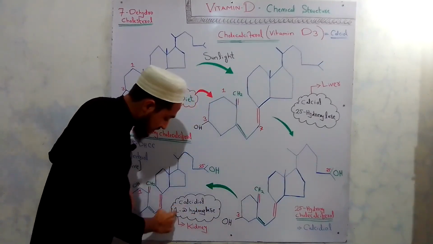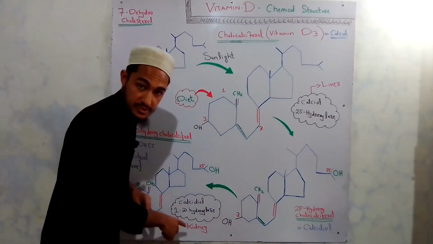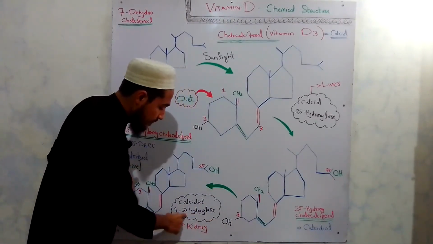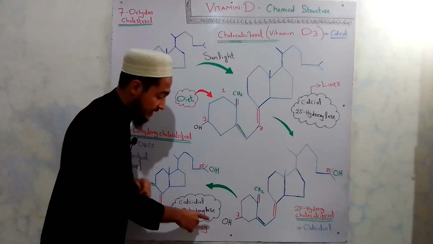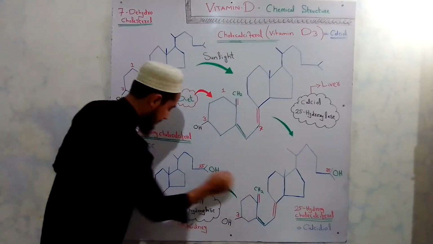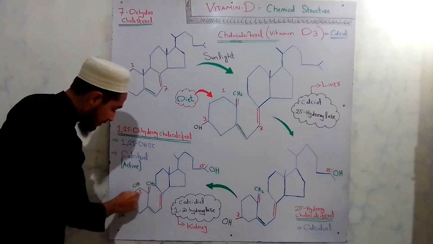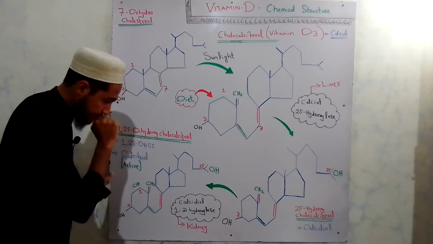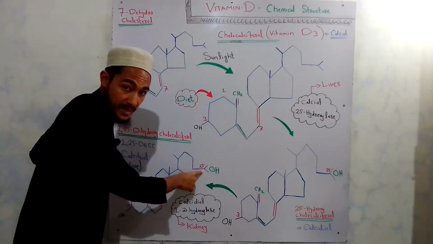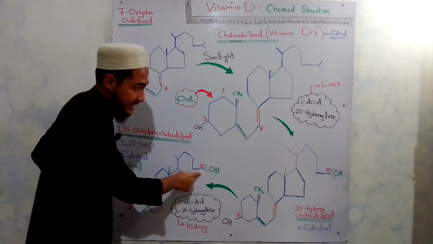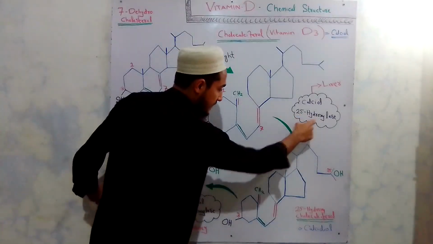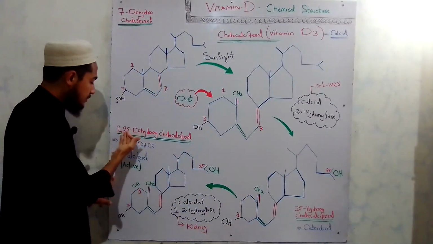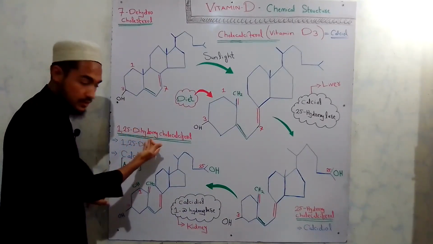So this enzyme that is present in the proximal convoluted tubules of the nephrons in our kidneys, this calcidiol 1 alpha hydroxylase enzyme, will add another hydroxyl group at position number 1 of carbon. So at carbon number 1 another OH group has been added. This was the OH group at the 25th carbon, which was added by the 25 hydroxylase enzyme, and now the calcidiol has been converted to 1,25 dihydroxy cholecalciferol.